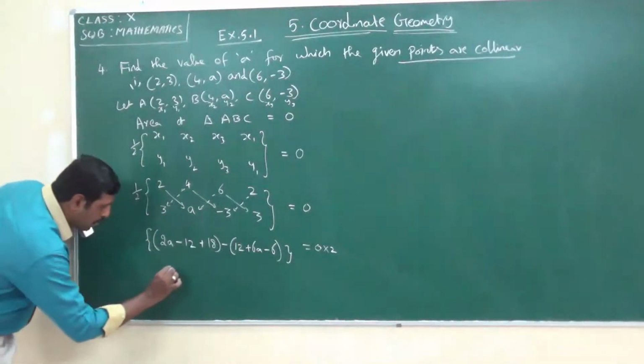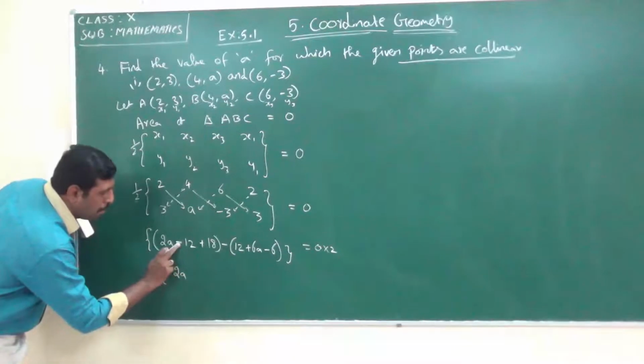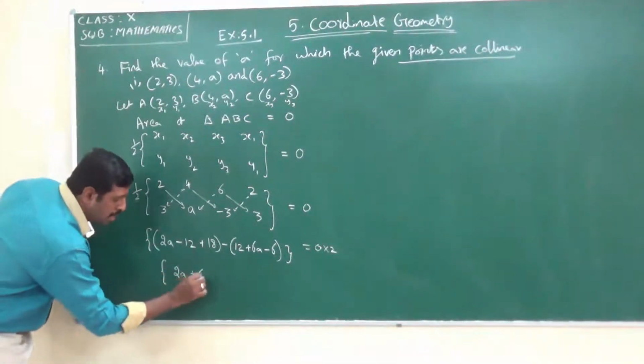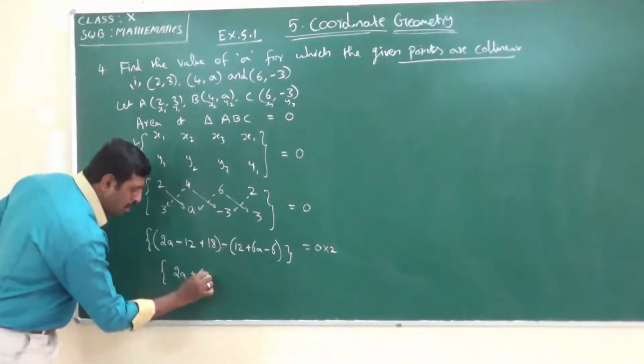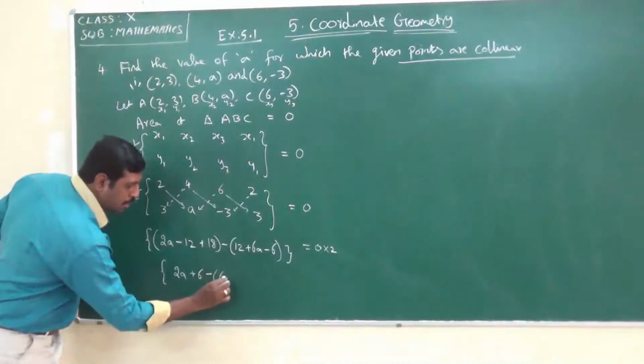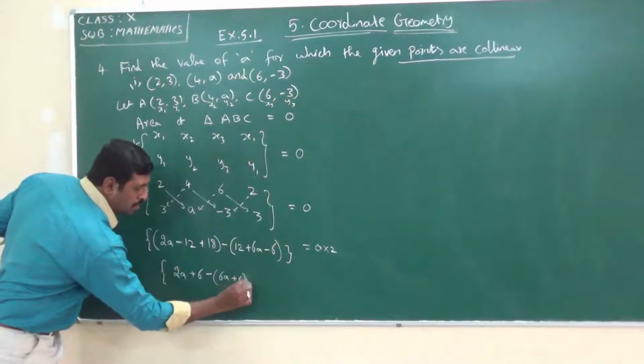Now substitute this. Here we have 2a minus 12 plus 18. When we subtract this, we get plus 6. And then here we have the minus of the second term. Here we have 6a. 12 minus 6 is 6.